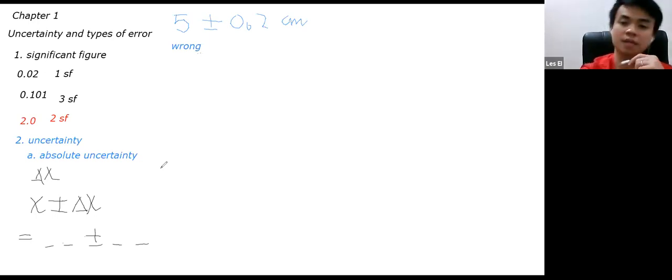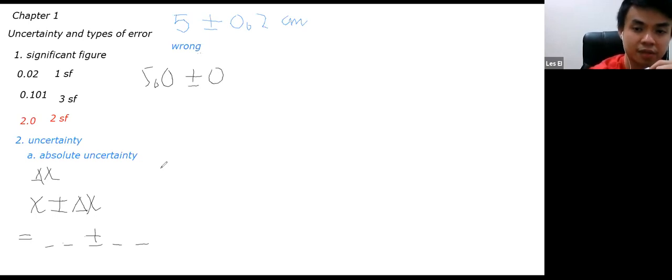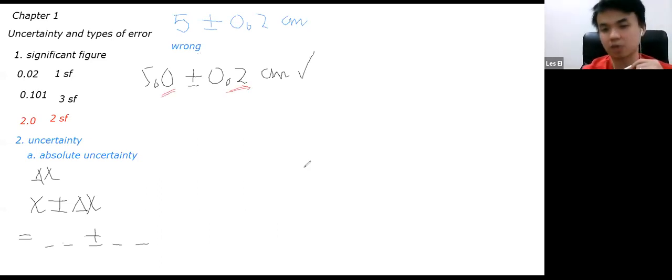I see your absolute uncertainty is written up to one decimal place, so I expect you to write your measurement as 5.0 plus minus 0.2 centimeter. This is the right one. So you should add a zero.